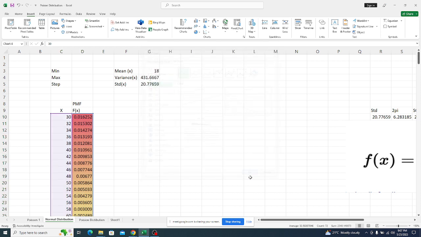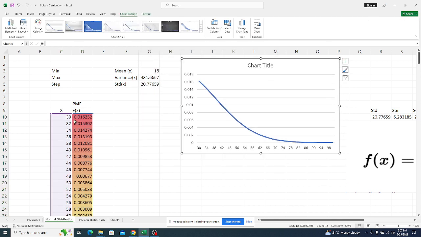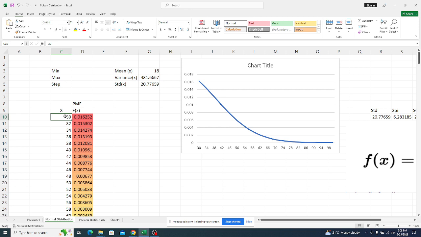Since we did not start from the smallest value possible, you can see the curve is trending, with the tail on the other side, and on this side we have the peak.